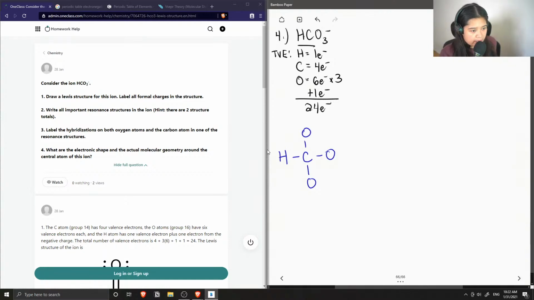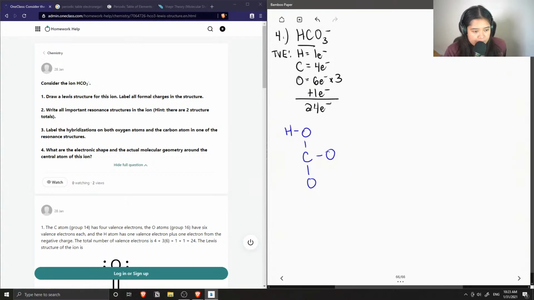So notice that carbon already has a full octet, but if I were to calculate the formal charges of all of these oxygens, they would all have a negative charge. So therefore, I know that my hydrogen would most likely be bonded to one of my oxygens like this, and that one of the oxygens will have a double bond.